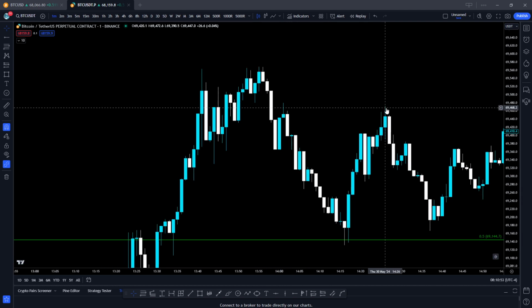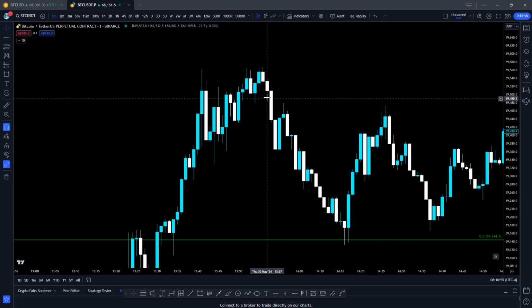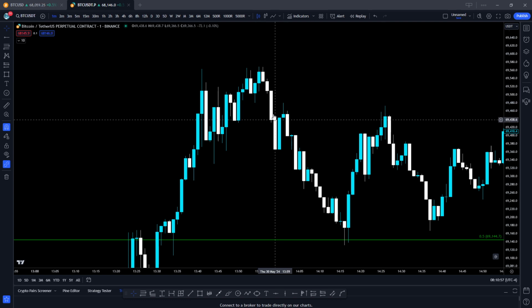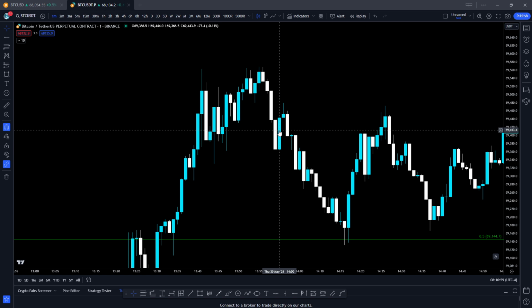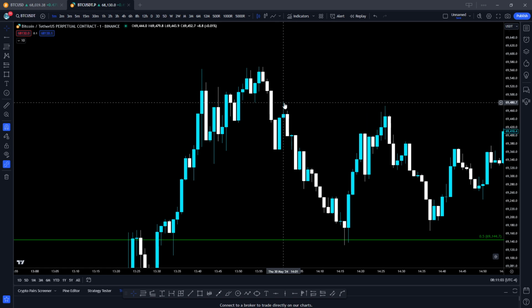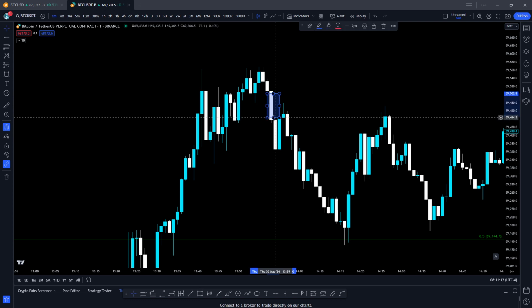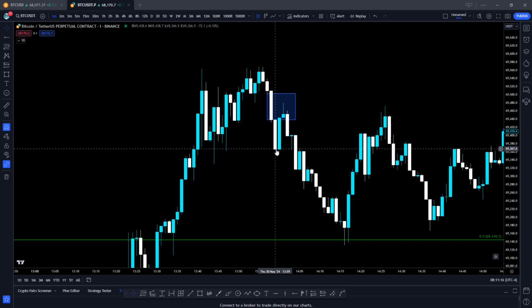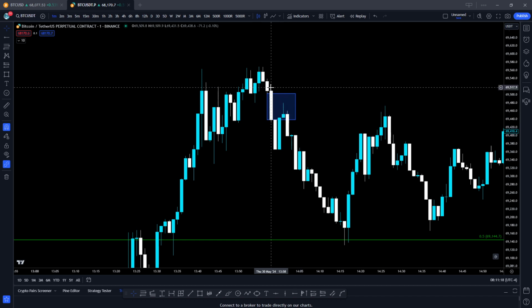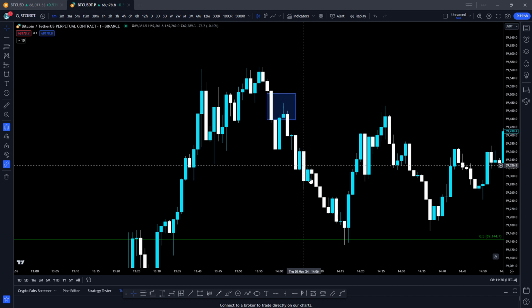Instead of entering over here, now I have a fair value gap that I can play right here. Gap. So we come down, we close this candle here, and then we come right back into that gap, and then we reverse.